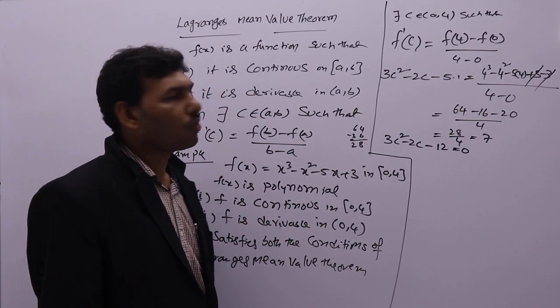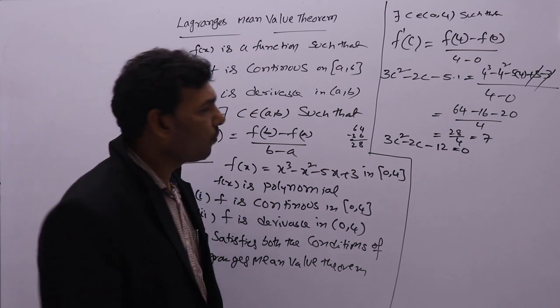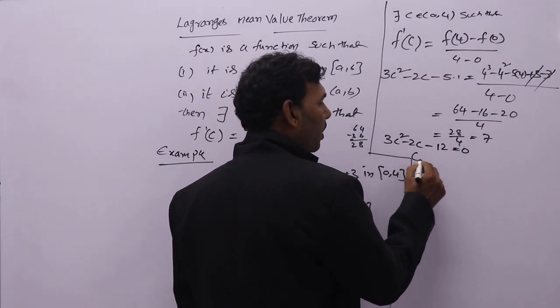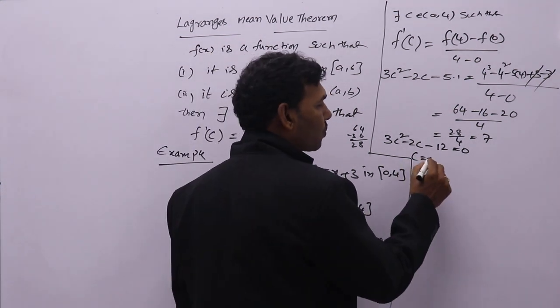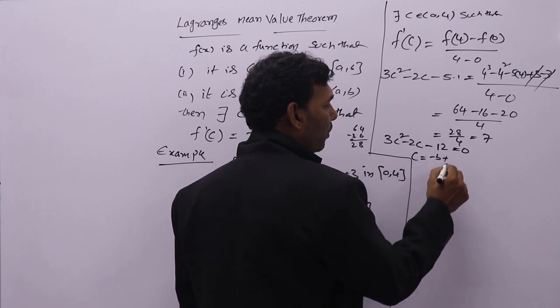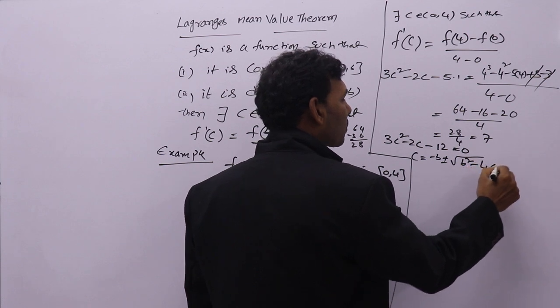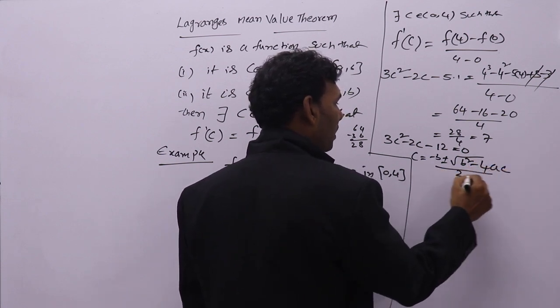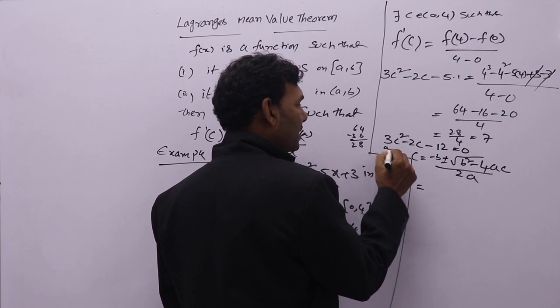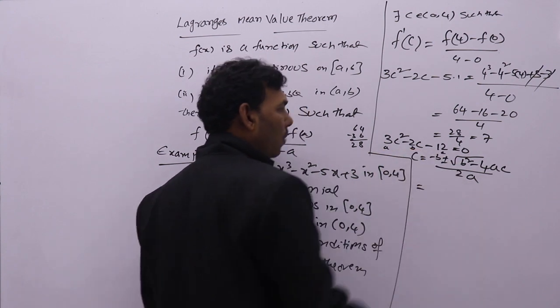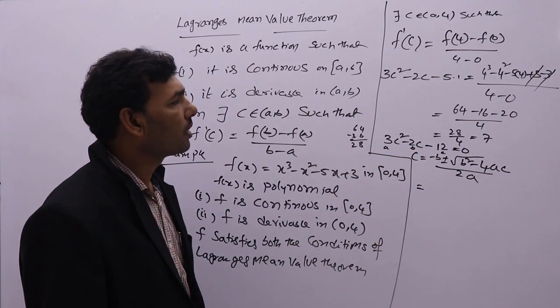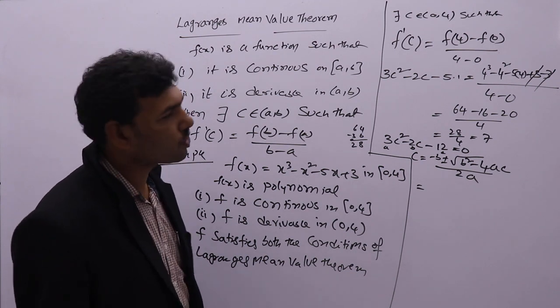Now we need to find the c value. To find the c value, we use the famous formula you learned in school: minus b plus or minus root of b square minus 4ac, by 2a. Here a is 3, b is minus 2, c is minus 12.